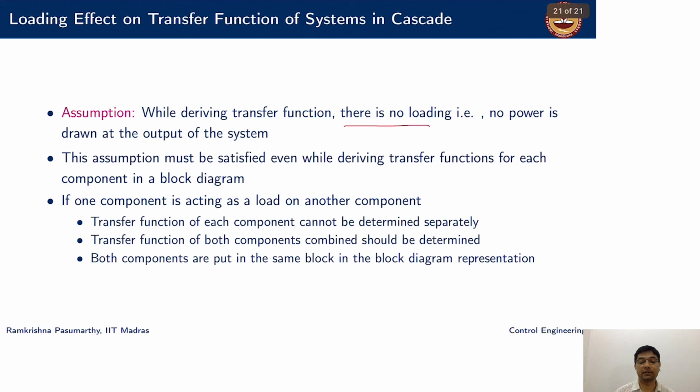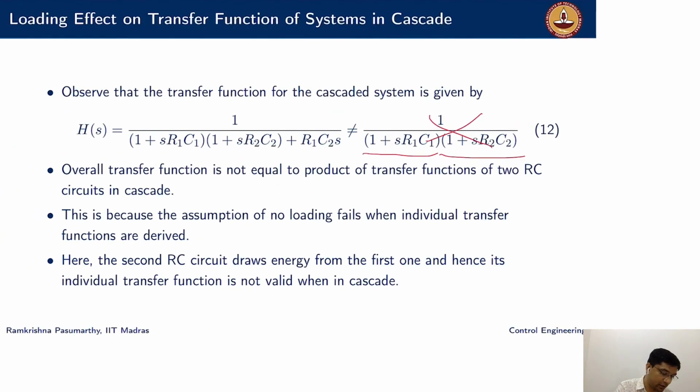We should then write down the overall equations and derive from first principles. So the overall transfer function is not equal to the product of two RC circuits because the assumption of no loading fails when individual transfer functions are derived.